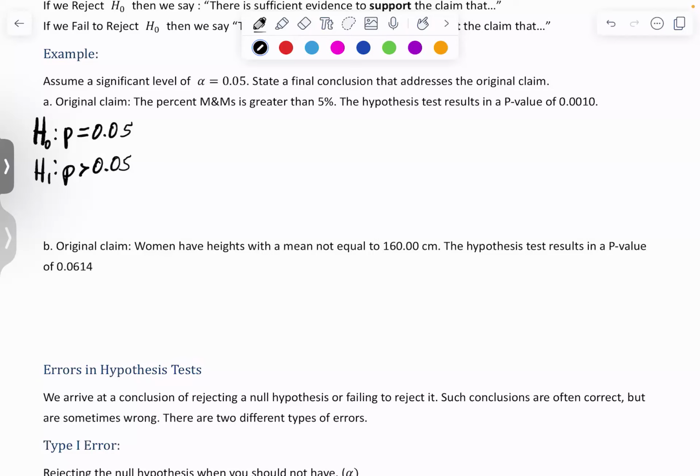All right, and it says the hypothesis test results in the p-value. So the p-value, now let's do this. Let's color code it a little bit. That is definitely less than our alpha. Alpha in this case is the 0.05. So 0.001 is less than that.